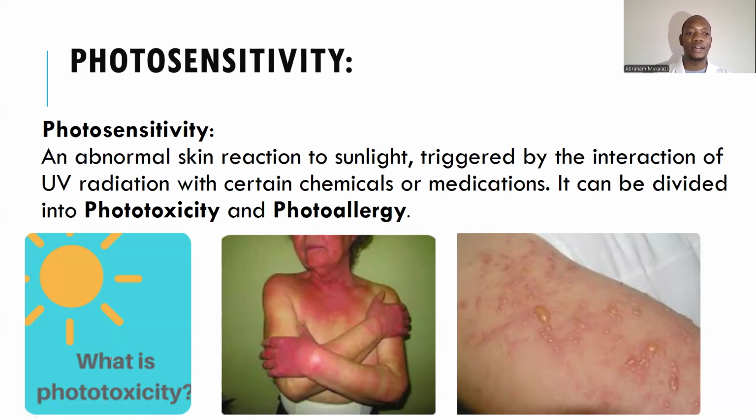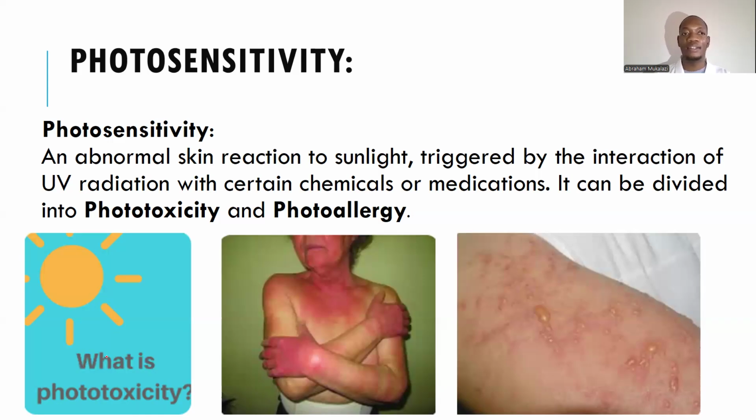Depending on the reaction, we classify it differently, and they're very different. When someone says phototoxic and photoallergic reactions, these two are very, very different. In toxic reactions, the drug directly causes damage after being activated by the sun. In photoallergy, the drug is converted into a photoallergen after exposure to the sun, triggering an allergic reaction.